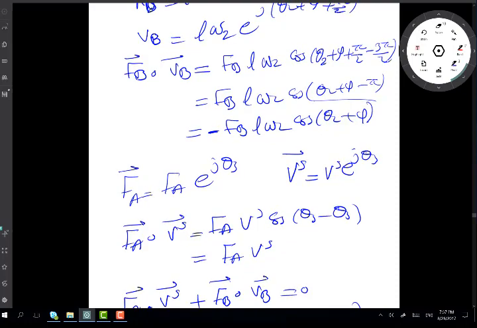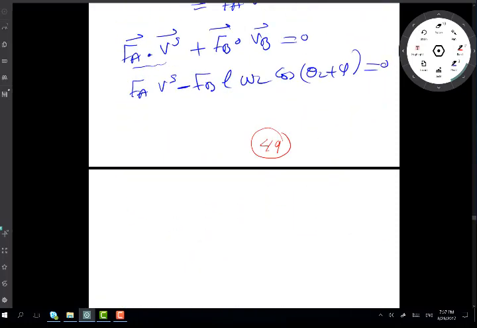In this case, I can just rearrange my equation to get an expression for FA, with VS on the other side: FB L ω2 cosine(θ2 + φ).